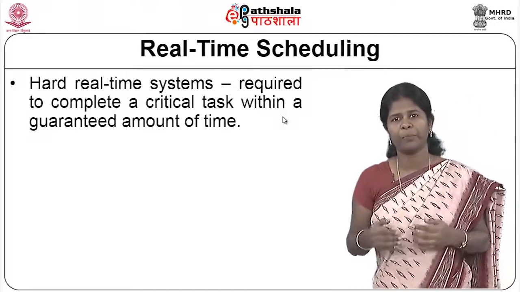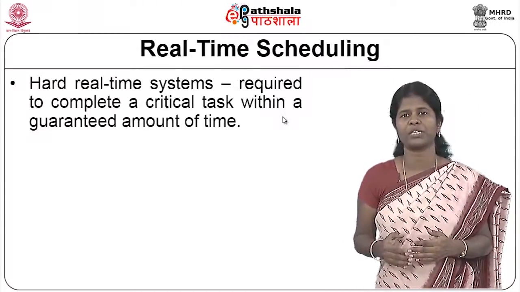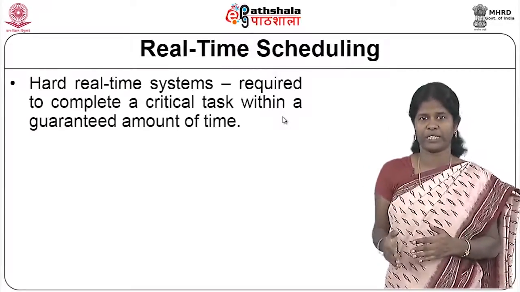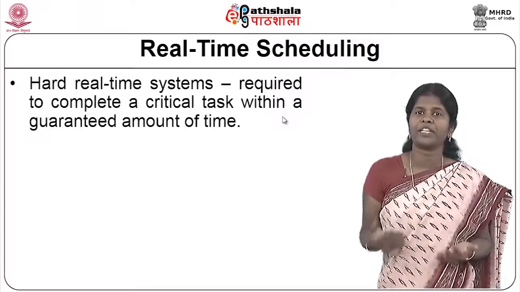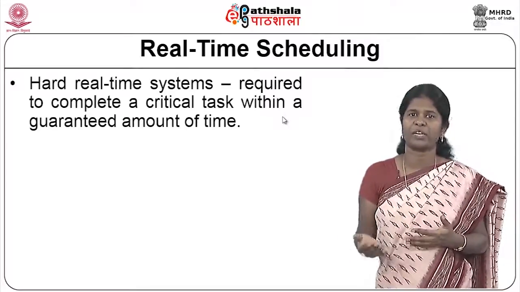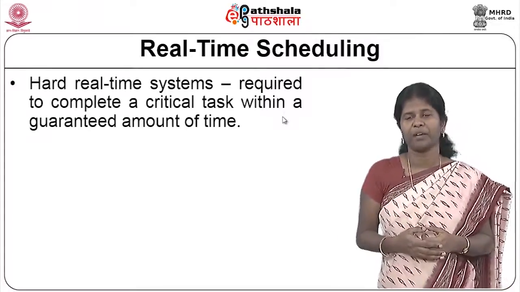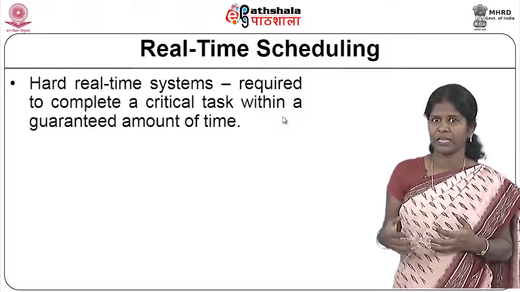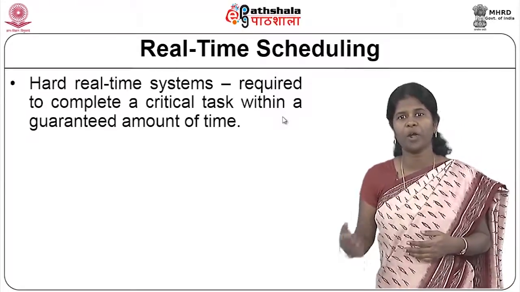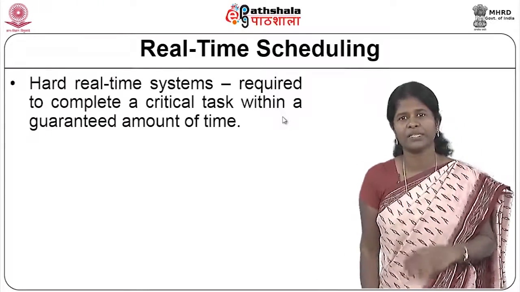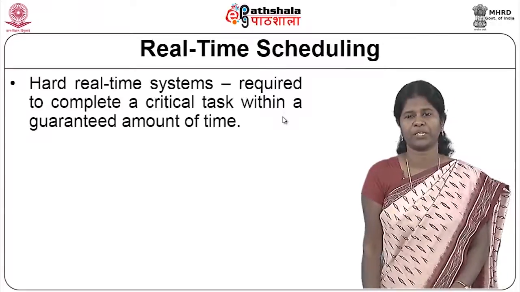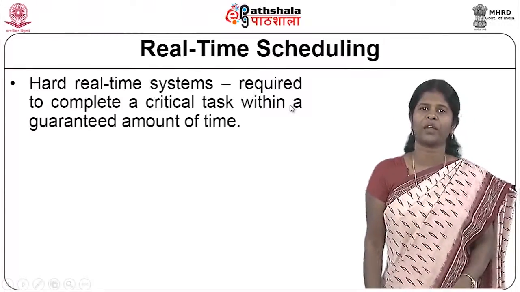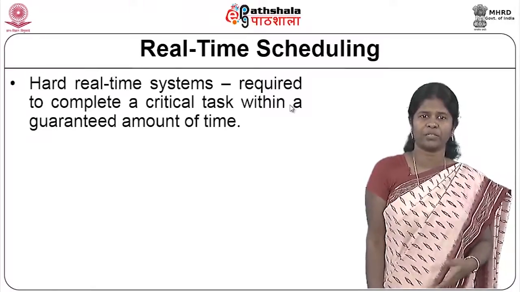That is, if a particular task or process has to be completed within a particular time, it has to finish within that time, else it may result in other unnecessary problems in the system. But in a soft real-time system, you will have other non-real-time processes in the system in addition to the real-time processes, and real-time processes are given higher priority compared to the other processes.